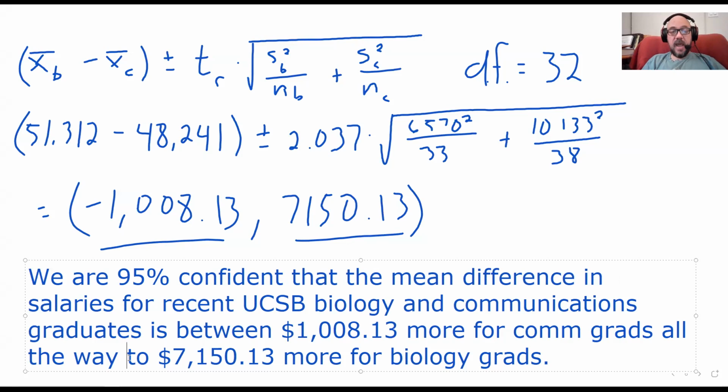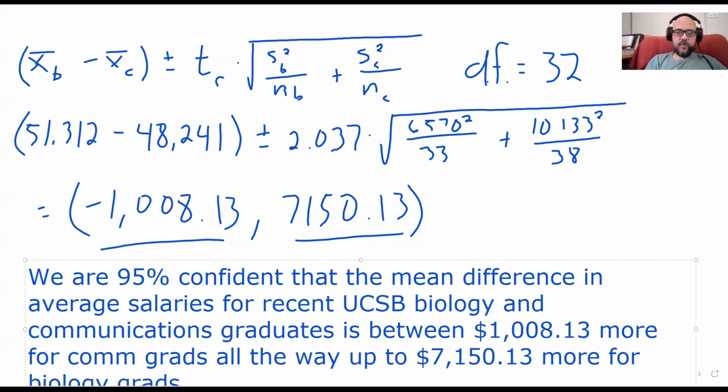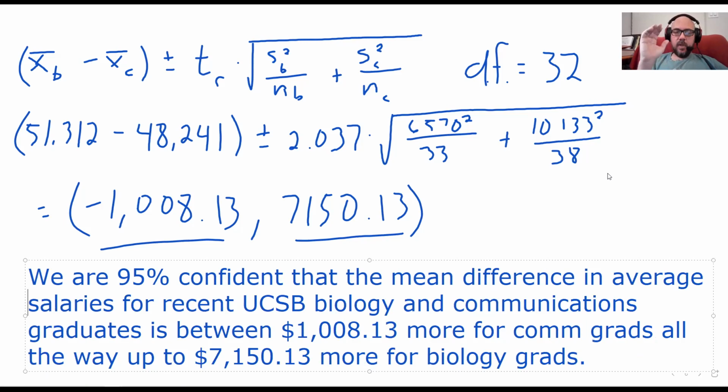Difference in average salaries. I should have the word average here. That's really important, because we are not talking about the salary of one individual person. We're talking about the overall average salary, and I need to state that just to be clear. Okay, I'm satisfied with this interpretation of the interval.